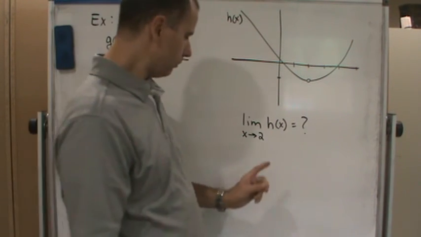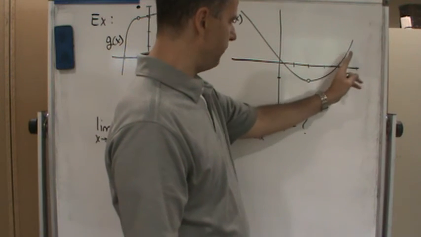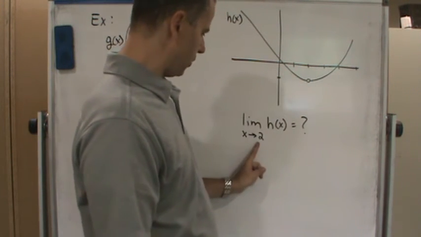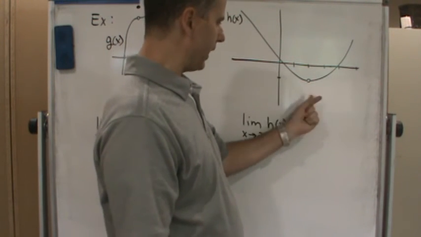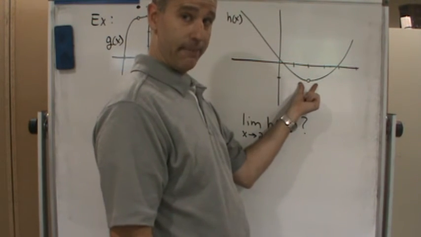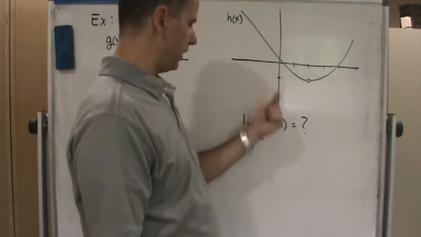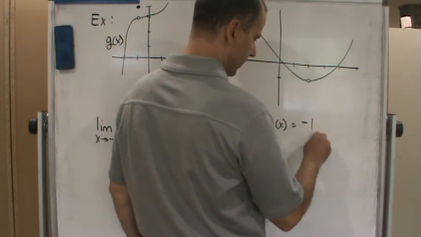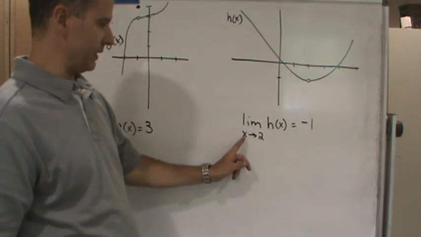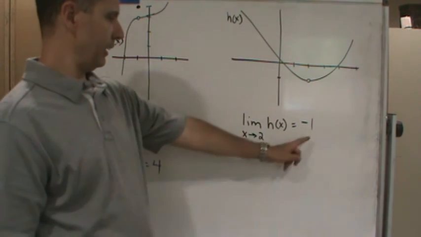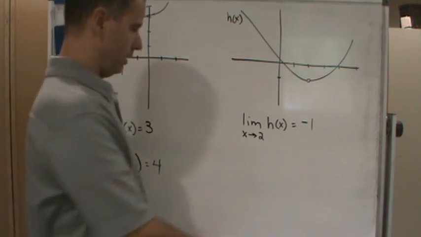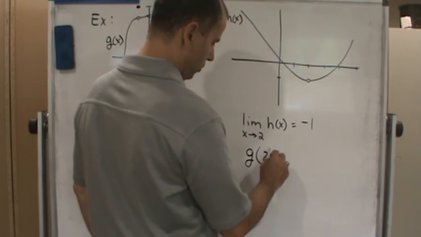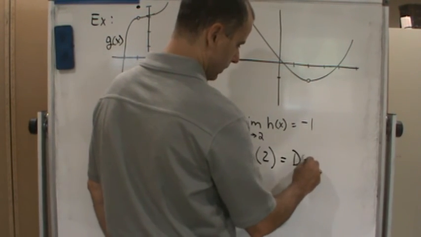No. As we inspect visually, approaching x equals 2 from the left and from the right, we see that it does approach the same value. What value does it approach? It approaches -1. So we would say the limit of this function as x approaches 2 is -1, even though the value of the function g of 2 does not exist.